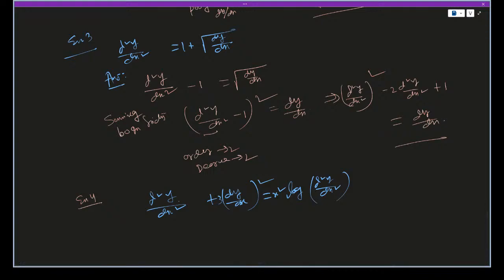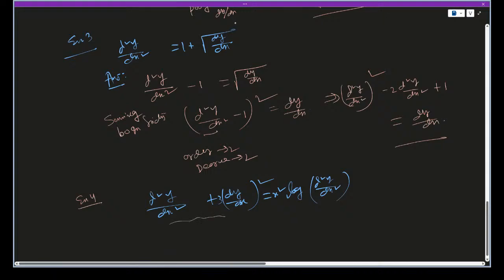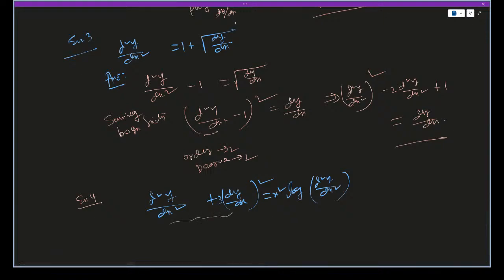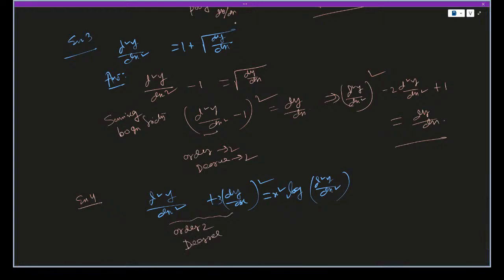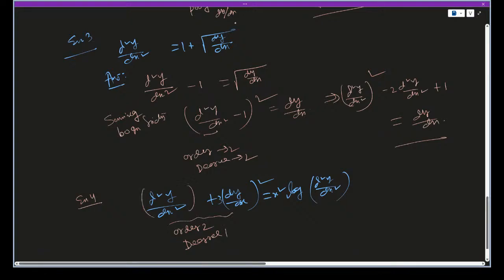On the left hand side you see it is in the form of polynomial. So order 2, degree 1, because if nothing is there as its index, it means 1. But on the right side the term d square y by dx square is there, but it is inside a log, so it's not in polynomial form. So whatever the degree, that will come as a whole, not for left hand side or right hand side separately.